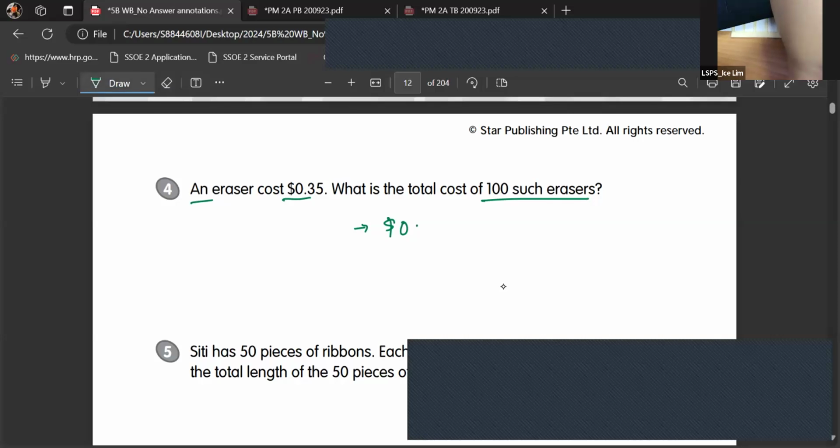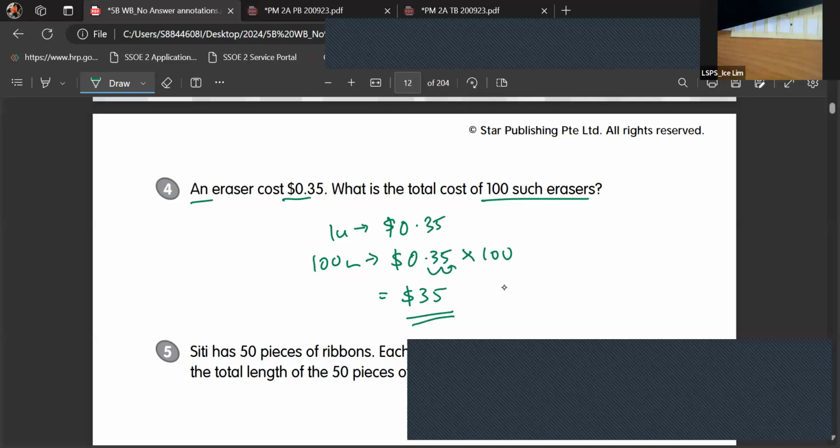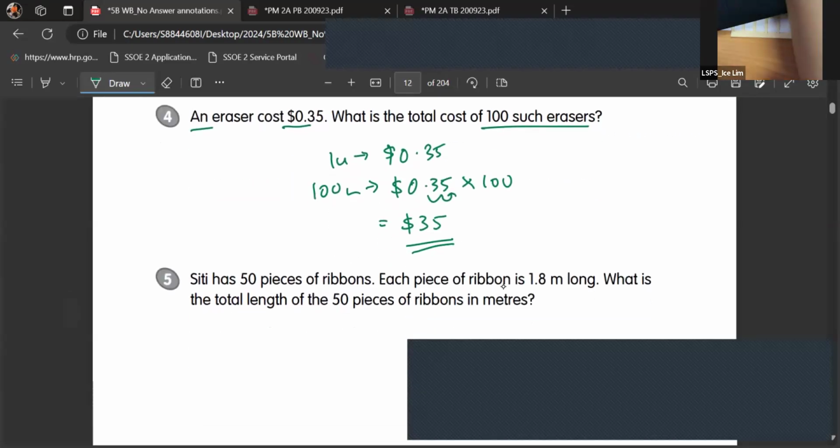One eraser is 35 cents. So 100 erasers will be 0.35 times 100. Okay, this question is relatively simple. $35. Is that okay?